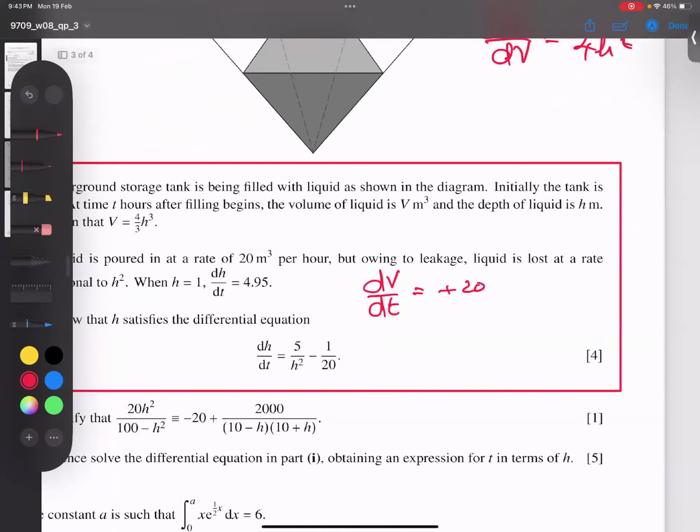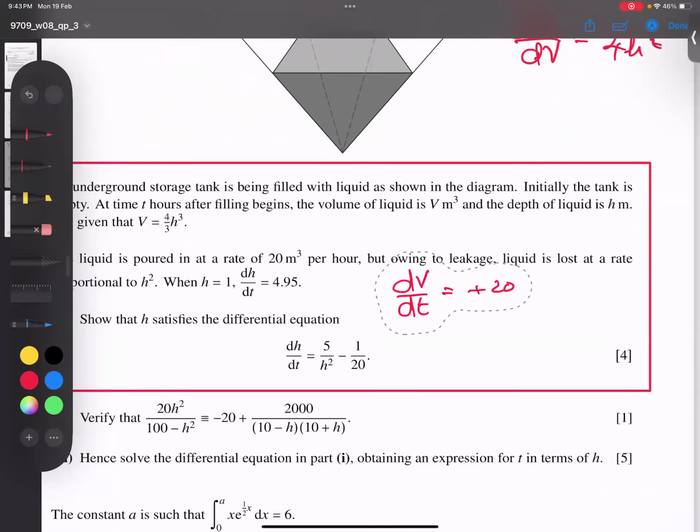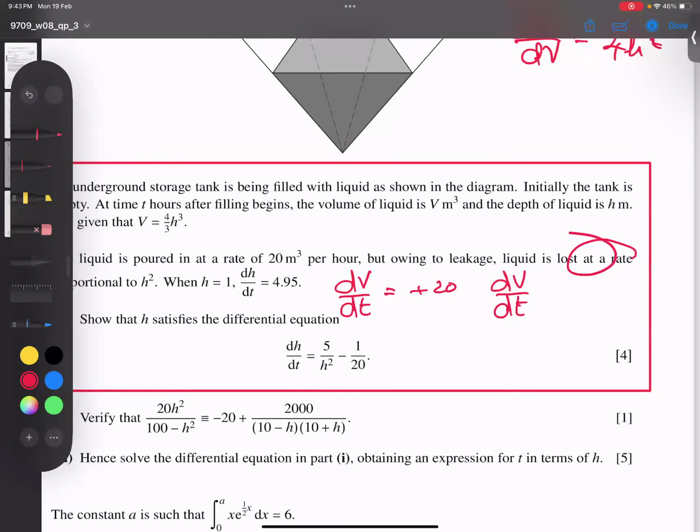The second connection, dV by dt is proportional to h squared, but it is lost. So, as I said before, whenever it is decreasing it comes negative, so I will write equals negative kh squared. Look here, volume, are they the same?